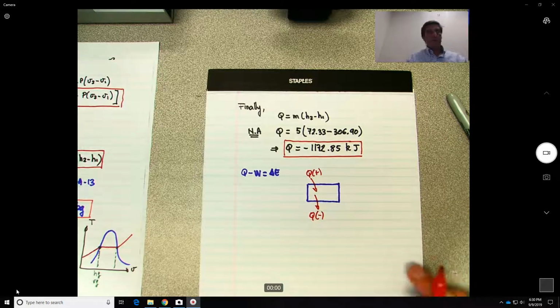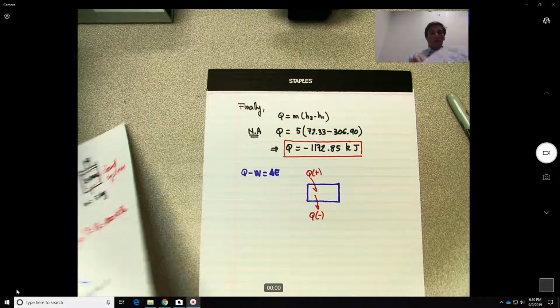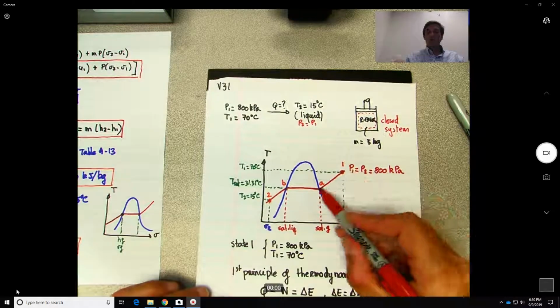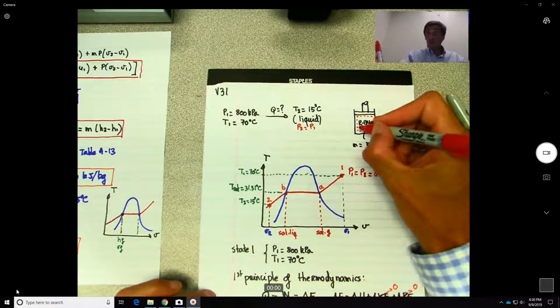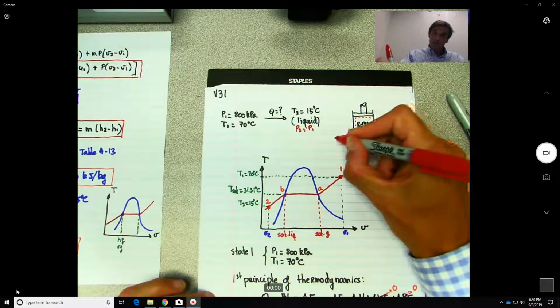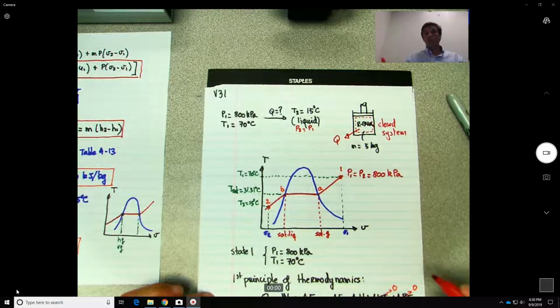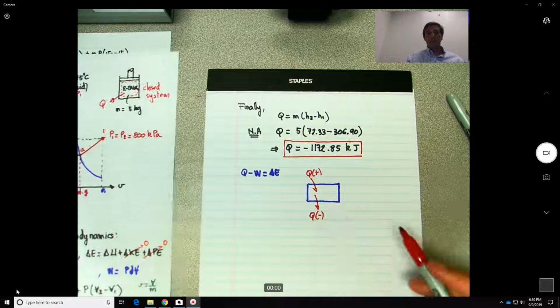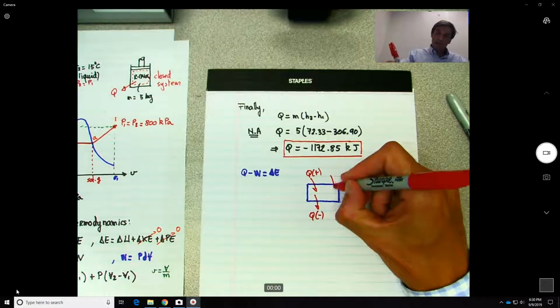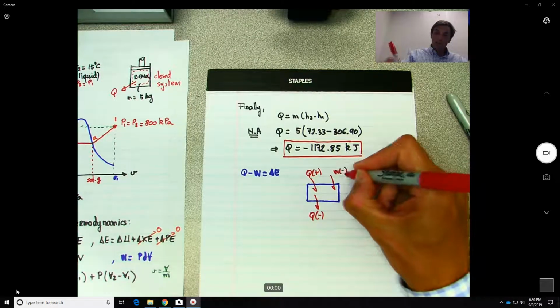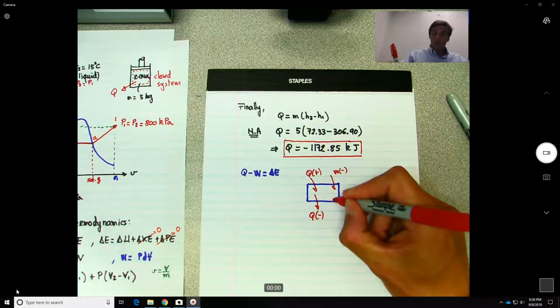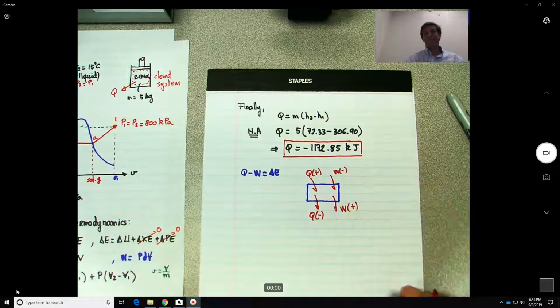So in this problem, what's happening to the system when we go from 1 to 2 is that it is losing heat. If I put it on this figure, the heat is going out of the system, which means negative. And actually the work here is the opposite because of the sign convention.